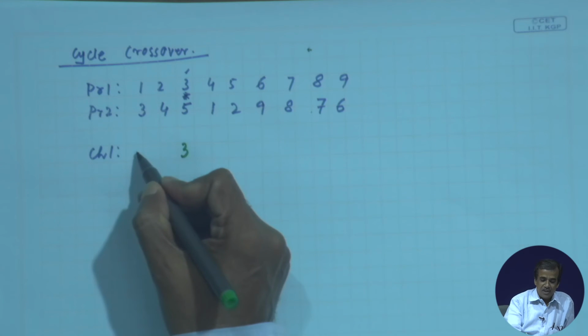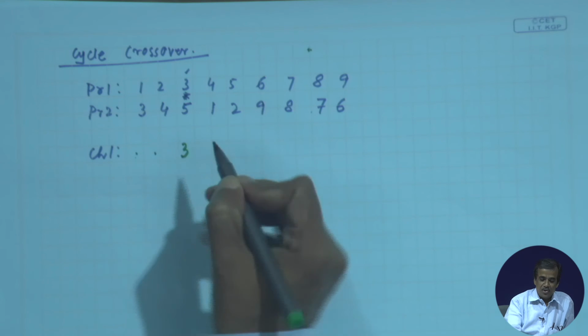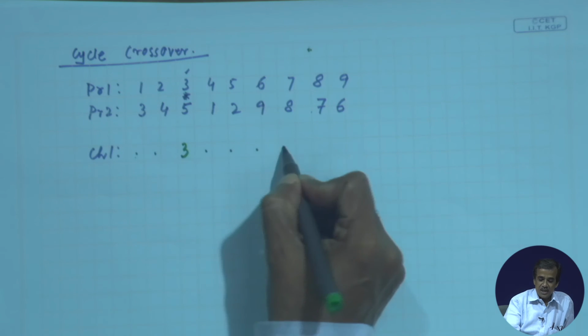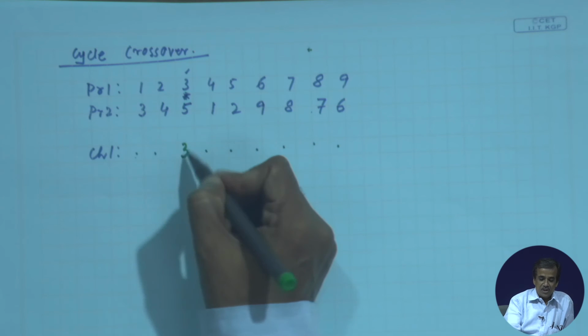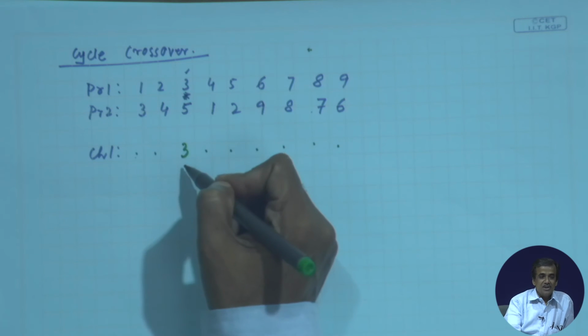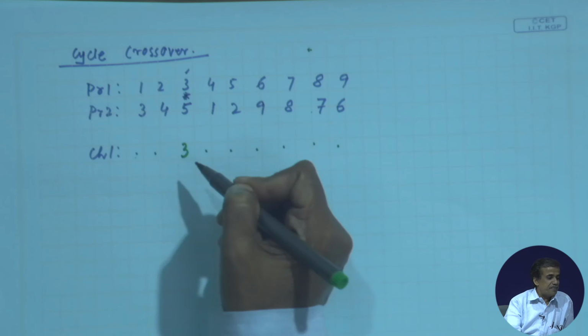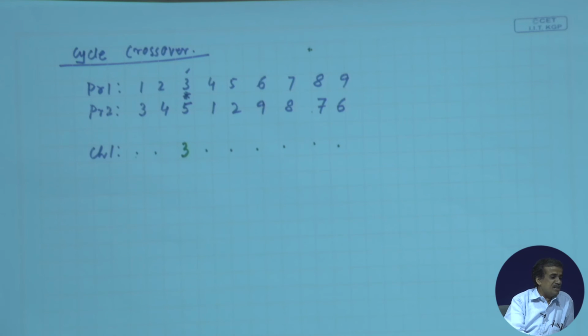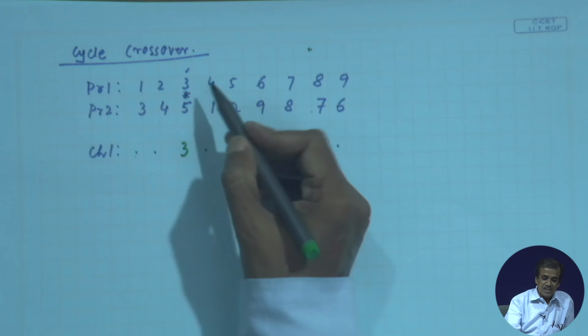I have 9 positions, 1 to 9, and in the third position I write 3. Then parent 2 is searched. This is taken from parent 1.